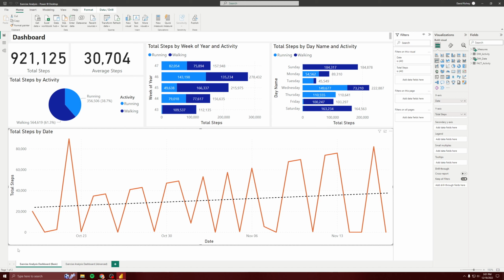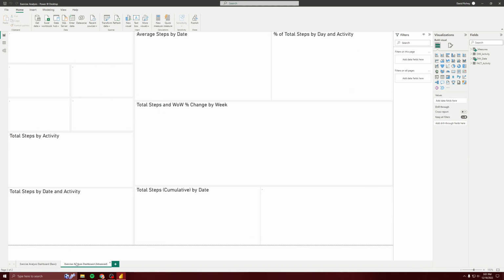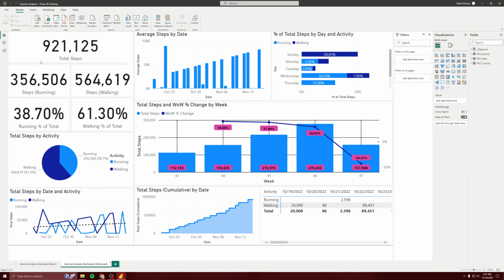So this is just a basic dashboard, and then here's advanced. We've got total steps again, but it's broken down by running and walking and percentages. Same one here as in the last one. Here it's a line chart comparing running and walking steps on the dates.